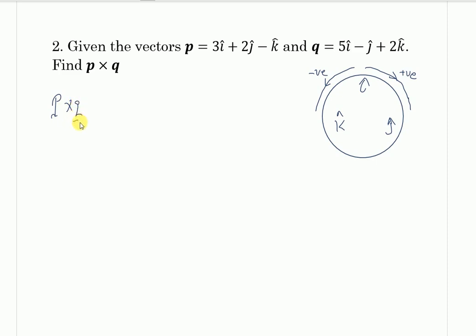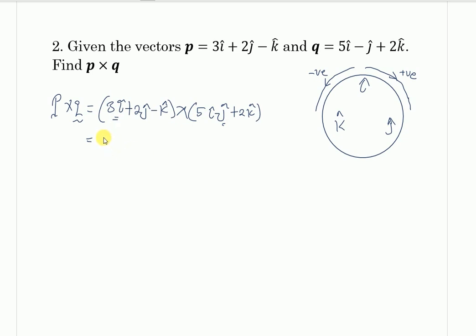P crossed with q, we have 3i plus 2j minus k crossed with 5i minus j plus 2k. We have 3i crossed with 5i, that is 0.